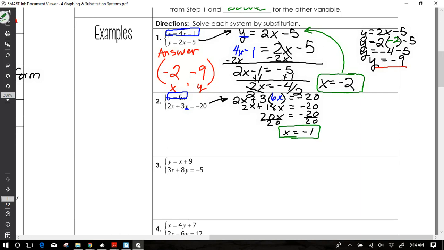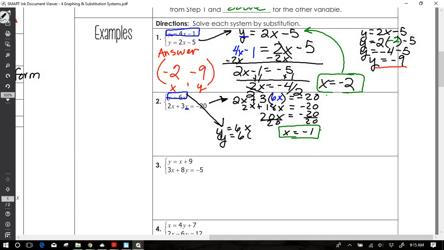Now I could plug that x equals negative 1 back into this equation here like I did in example 1, but I want to show you that you have options. So I'm not going to do that this time. What I'm actually going to plug it into is this original equation up here. Y equals 6x.